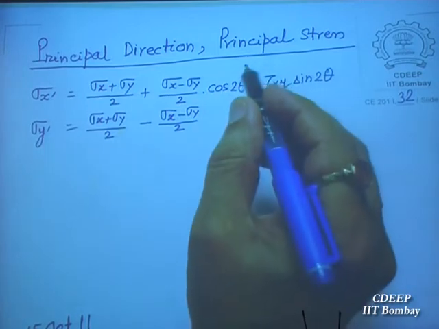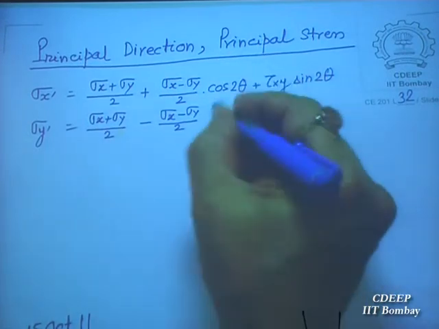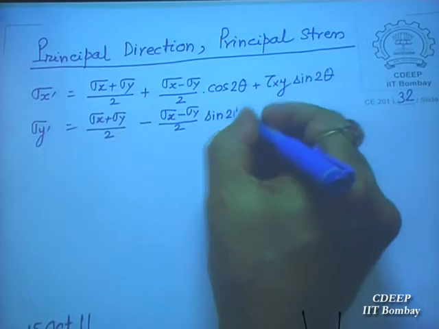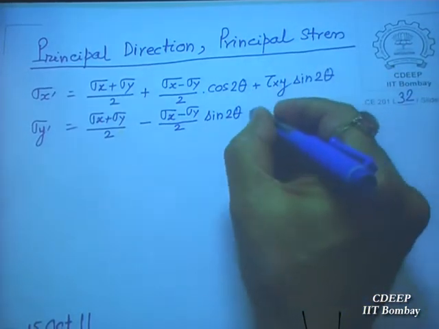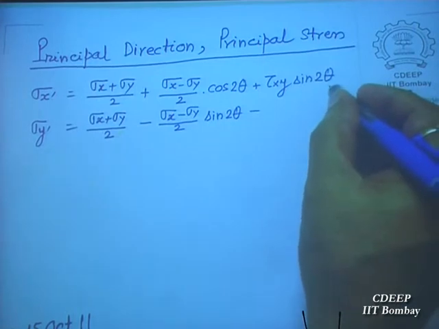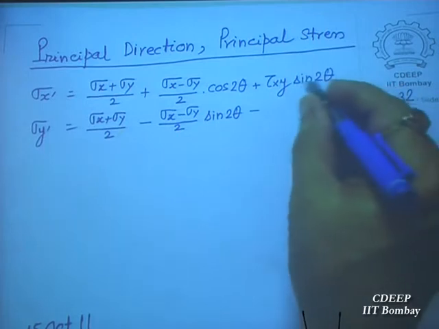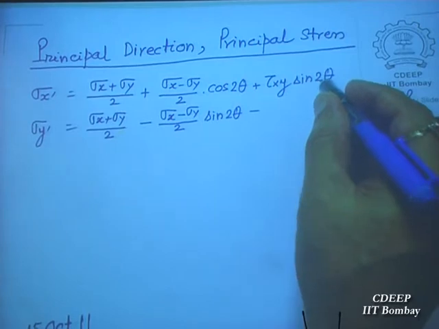When theta becomes theta plus 90, this is sigma y dash. This becomes sine, this one will become cos with a minus, and the second term will be cos.